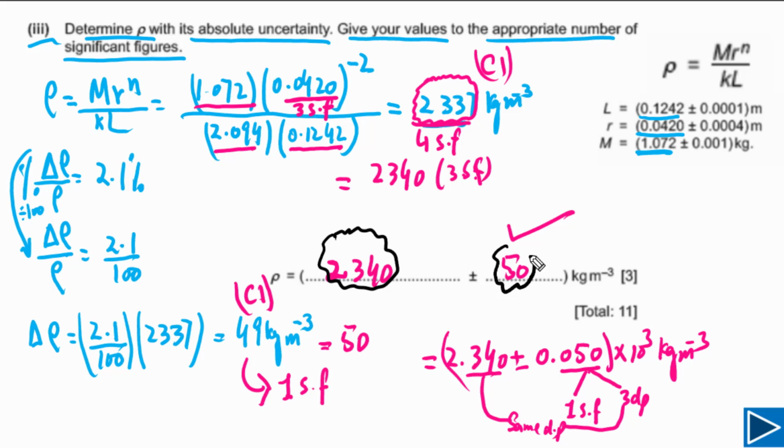The simple way is that first of all you have to understand that the absolute uncertainty should have 1 SF only. And the next point you need to consider is the number of decimal places. How many decimal places are in the absolute uncertainty? The same you have to use in this measurement. So they must have the same DP. If you follow these rules, you will get full marks.